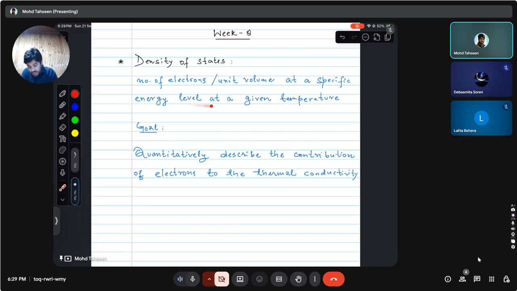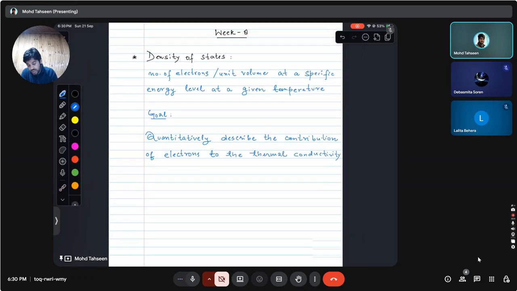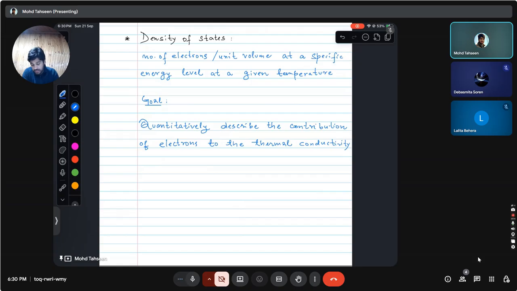So we want to develop this information to achieve this goal. Because if we recall from the Drude model, we saw that this quantity, what we call CVE there, the electronic contribution to the specific heat of solids, was off by a factor of 100 when we use the Drude model.